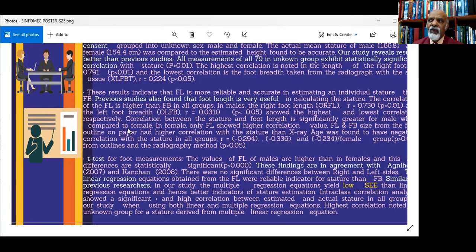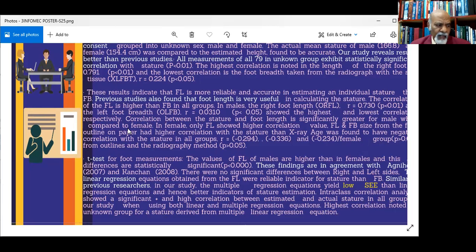And also the most surprising thing was the measurements taken from the foot tracing on the paper are very reliable and highly accurate, and the highest correlation was found when compared to the measurements taken from the X-ray. This can be explained because in the X-ray there may be a little bit of magnification and also distortion. So the real measurement proved to be measurement on the foot tracing on the paper. And all these findings are very, very useful.